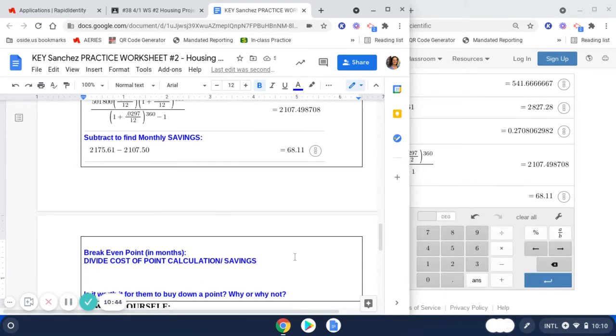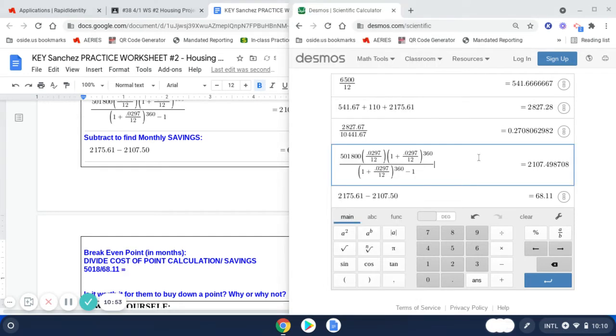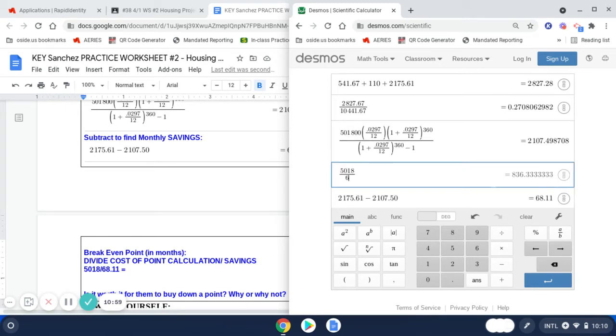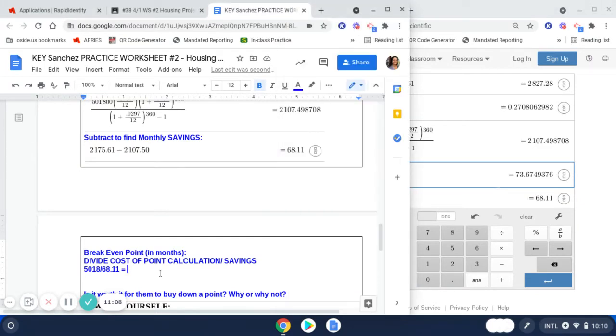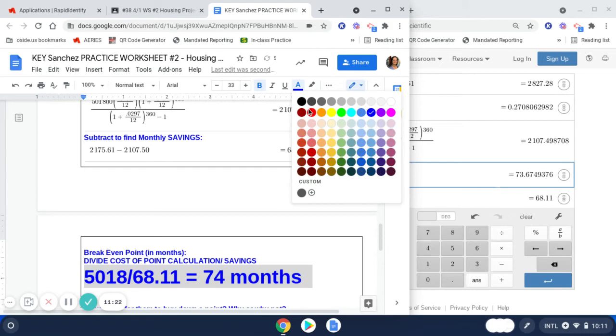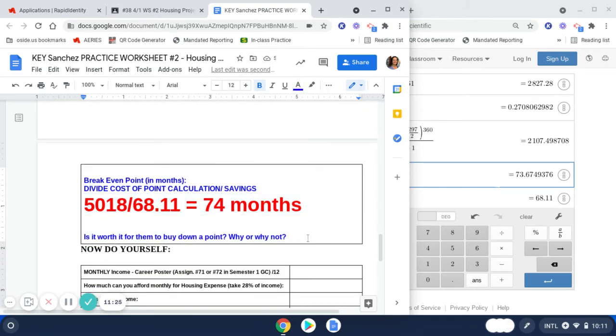So we're going to divide the cost of the point, 5018, divided by 68.11 to get the number of months. And that comes out to 74 months. So is it worth them to buy down the rate?